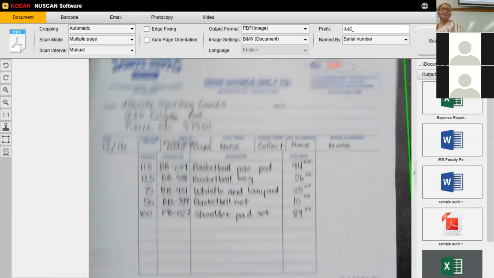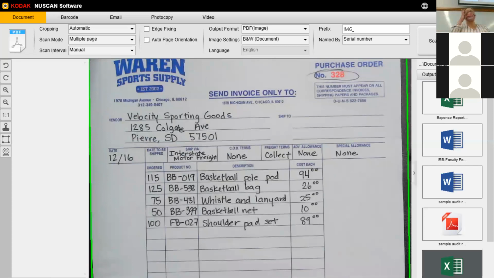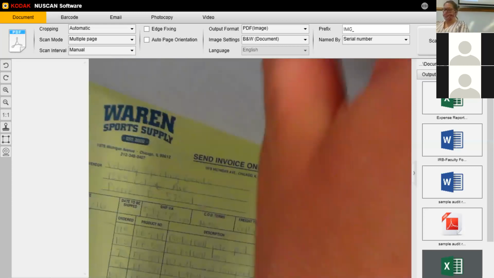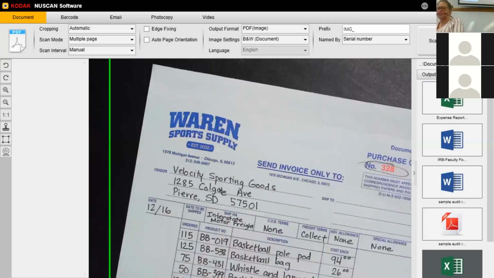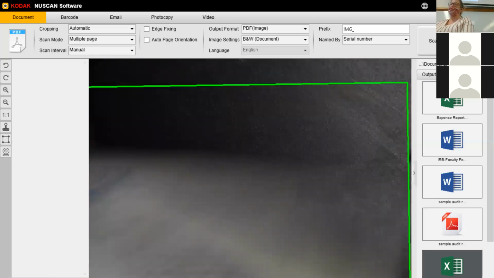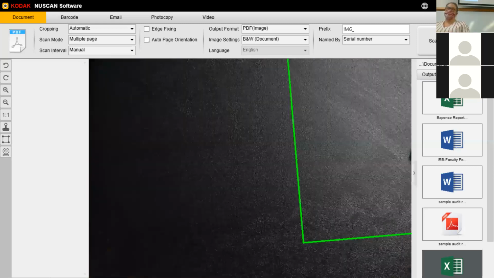So do you remember what happens to these documents once we prepare them? We've got it in duplicate. There's a yellow copy and a white copy. Exactly.